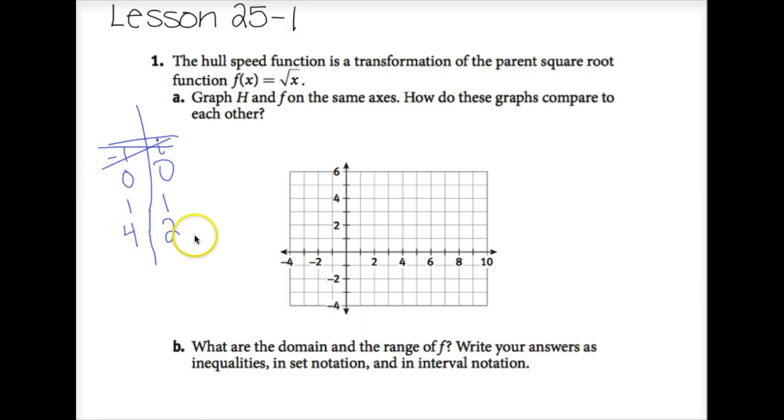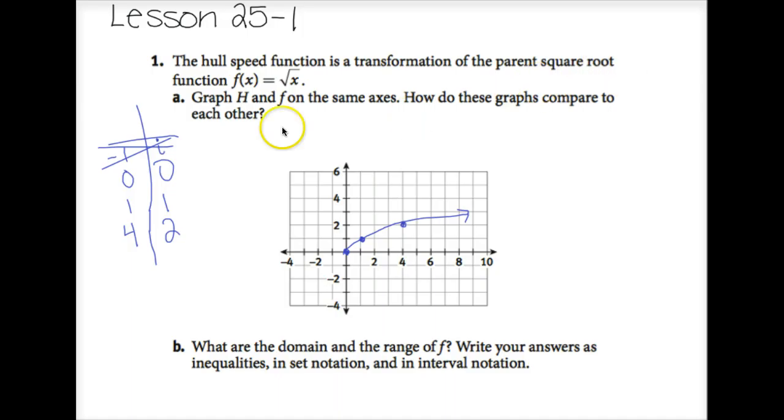So these are going to be our 3 parent pattern points that we're going to learn: 0, 0, 1, 1, and then 4, 2. The shape of our parent graph looks kind of like half of a sideways parabola. So this is our parent function and what it looks like.